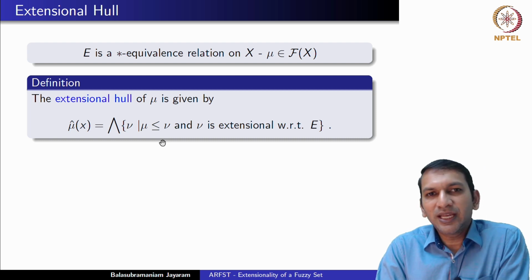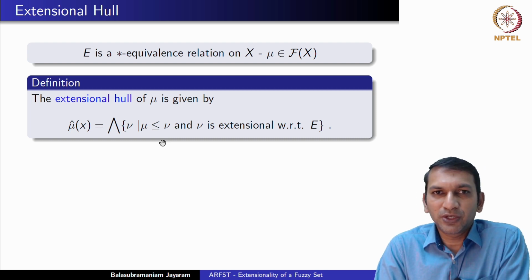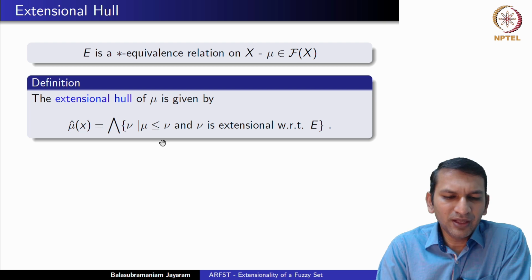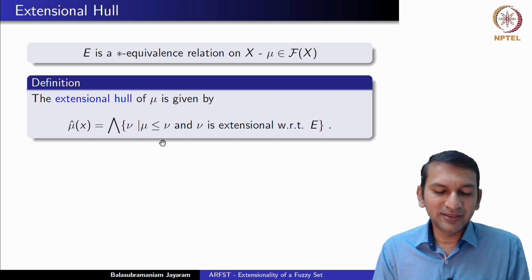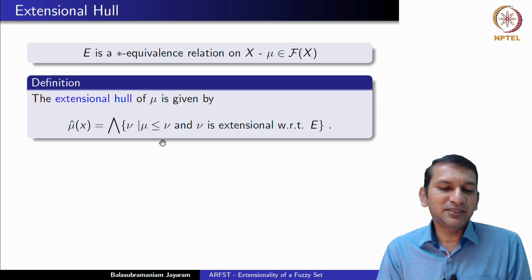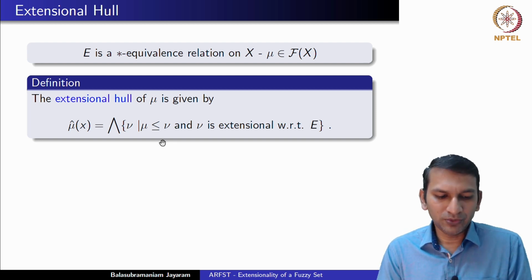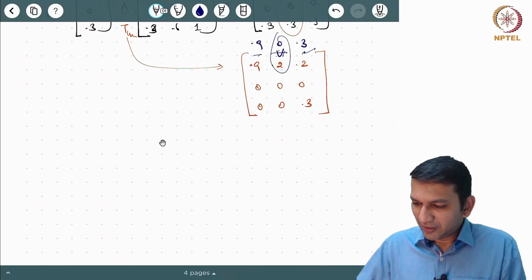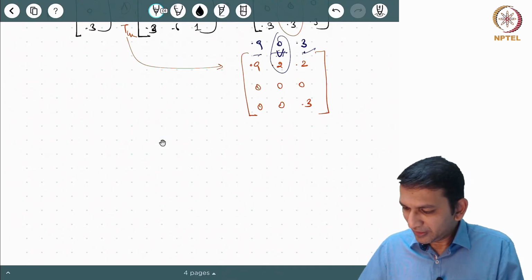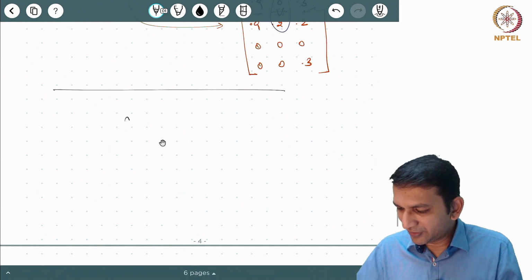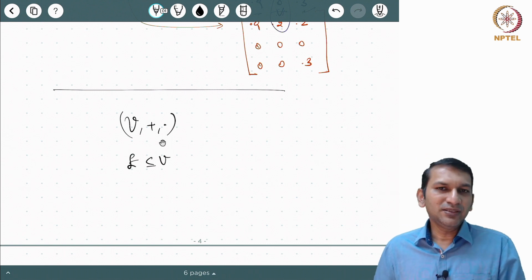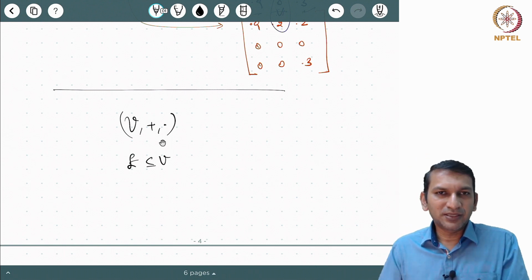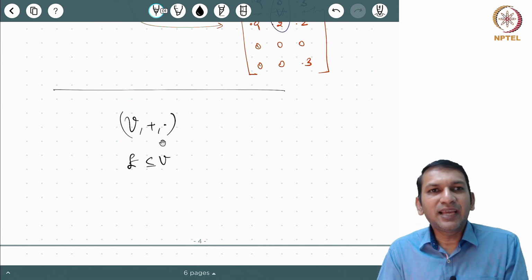Now this is something like an external characterization of how to obtain an extensional hull when you are given a mu. For instance, we know that if we have a vector space V and if you are given a subset E, we can ask the question, what is the subspace that E can generate?